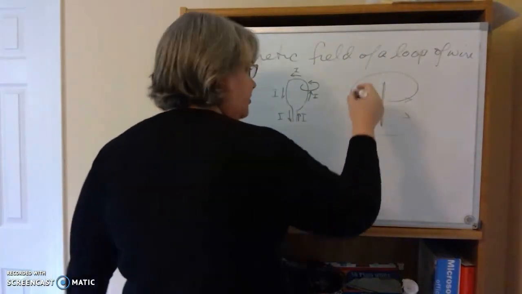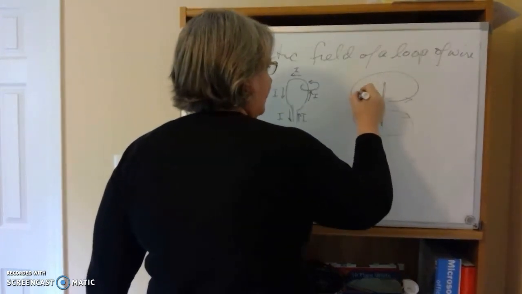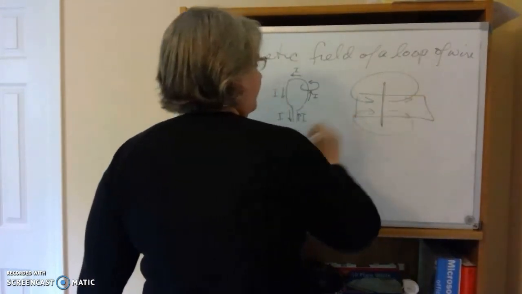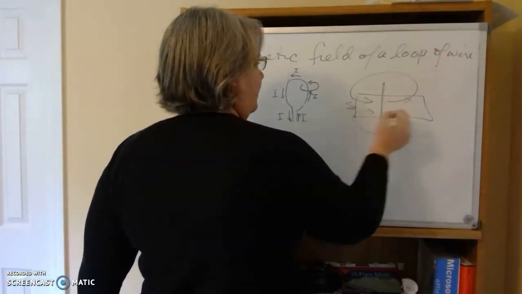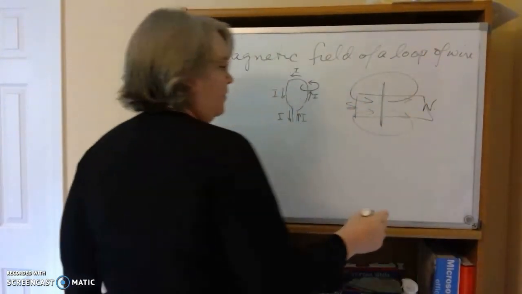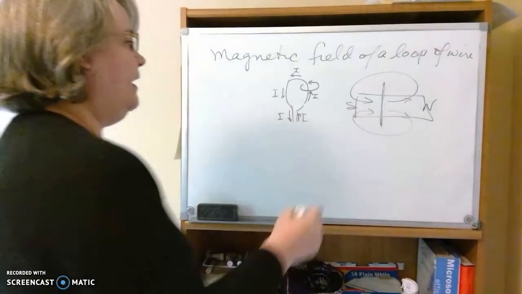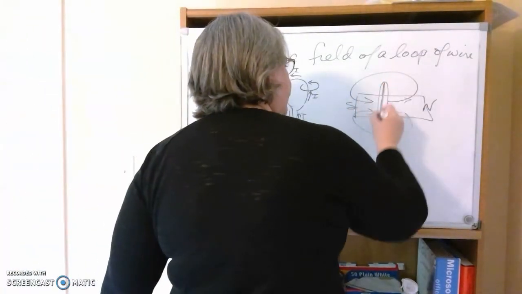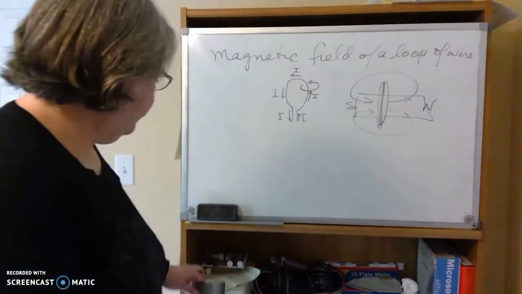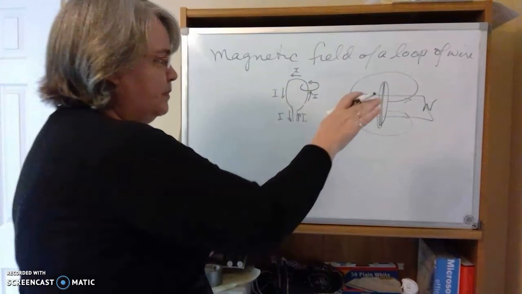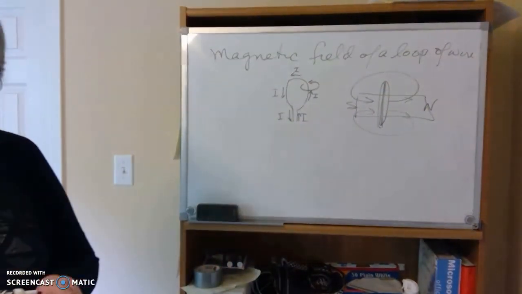That is just like having a bar magnet that has current going in at the south and out at the north. So a current loop creates a magnetic field that's aligned through its middle. And we'll pick up from there.